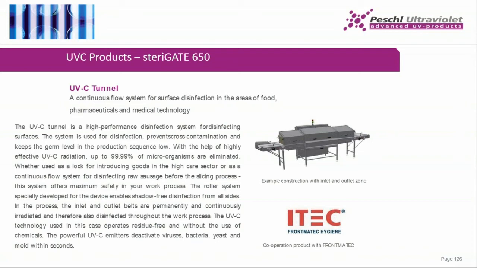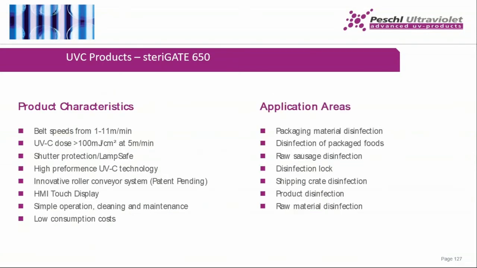This special tunnel is one of the powerful UV tunnels that are placed at the moment, because we have made some tests with customers, especially in listeria issues in South America, where we make some sausage radiation after the fermentation process. Later on more, I show you. But first of all, I will explain the product.